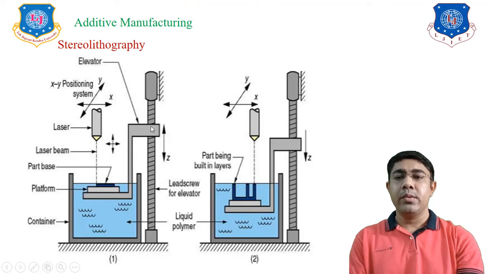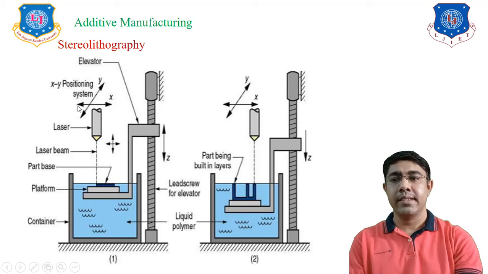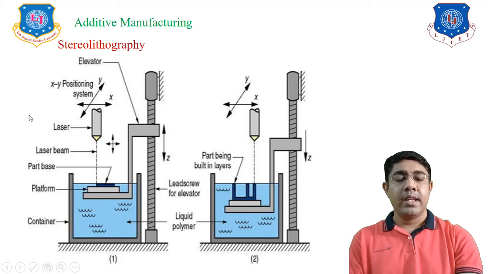According to this lead screw mechanism, the platform can move up and down along the z axis. A laser is used in this process, and an XY positioning system moves the laser in the x and y directions.